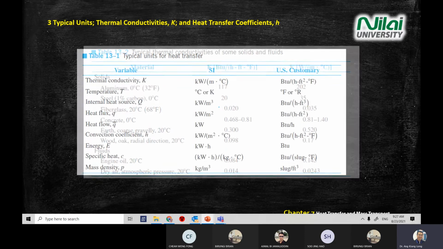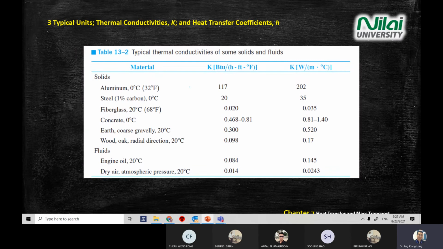This is table 13.2, which you will see in the exam. This is the K value, the kxx conductivity value. If the exam asks for aluminium, then you use 117. Sorry, not this side.